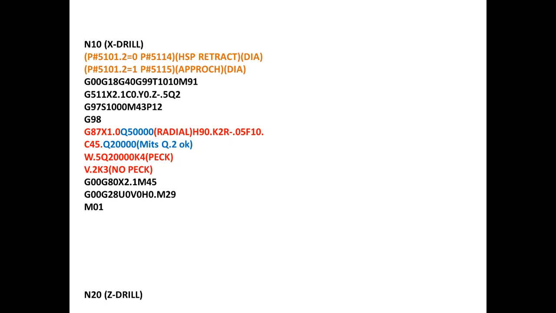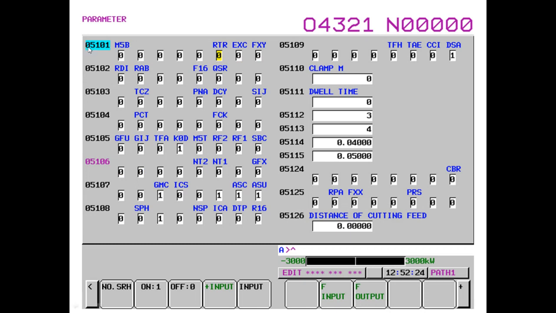It just retracts a little bit, depending on your parameter number 5114. Let me go down to show you the parameter number. So 5101 bit 2, which is called RTR, is the high speed or not.